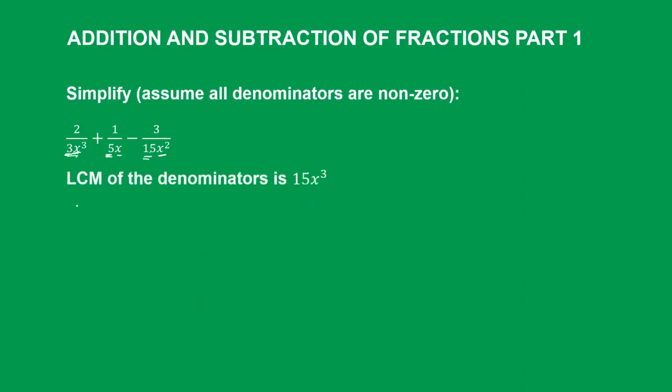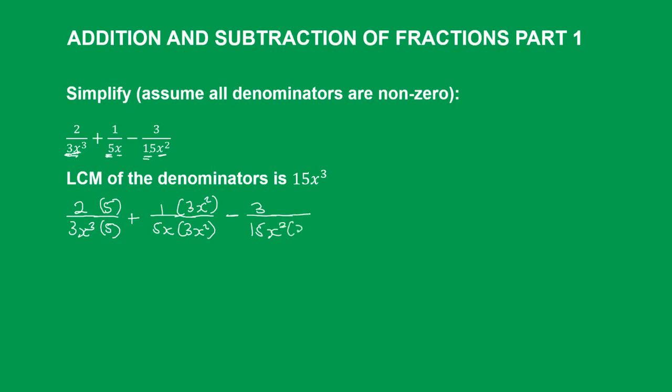First fraction, 2 over 3x cubed. You have to multiply by 5 to get 15x cubed, and multiply the numerator by 5 there. Plus 1 over 5x. We have to multiply by 3x squared to get 15x cubed, and also multiply the numerator by 3x squared. Then minus 3 over 15x squared.